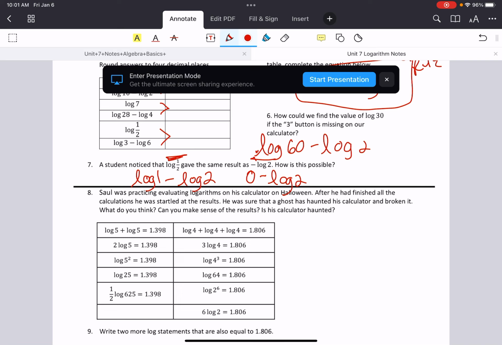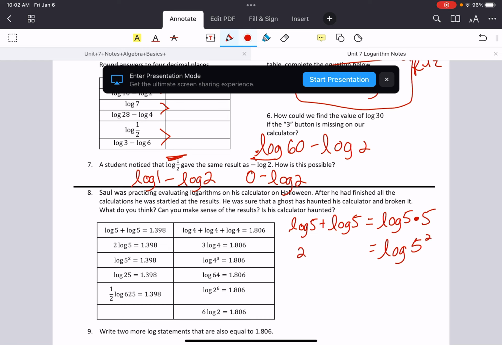But again, I'm going to write what he was perusing on Halloween over here, because it's a little confusing here for me. So he typed in log 5 plus log 5. And using our rule, we just learned that's the same as log 5 times 5. Log 25 or 2 log 5. So log 25 or 5 squared, right?